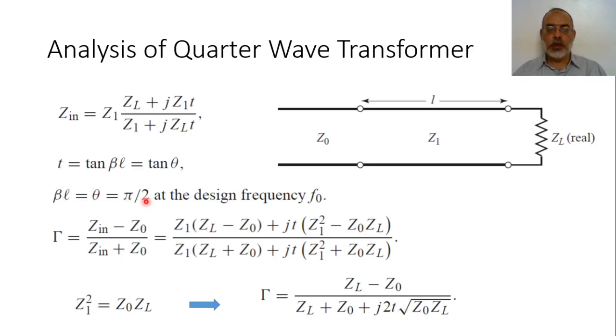Actually, at the center frequency, the length L is lambda by 4 and beta is 2 pi over lambda. So 2 pi over lambda multiplied by lambda over 4 equals pi over 2. So at the design frequency, or at the center frequency, the value of beta L, or theta, equals pi over 2.